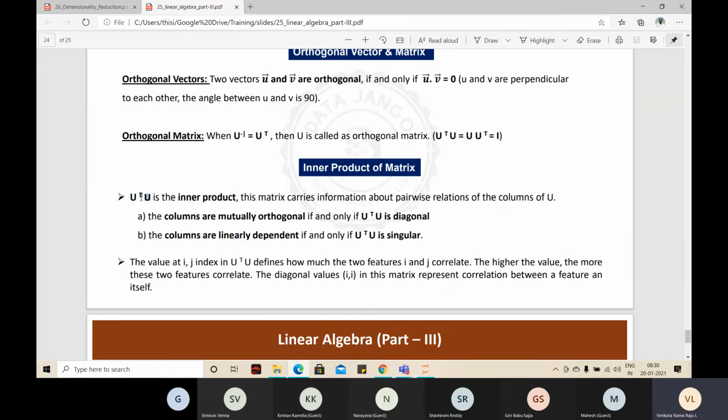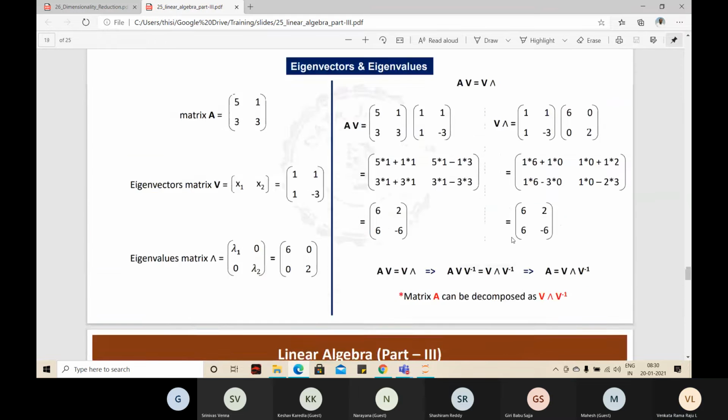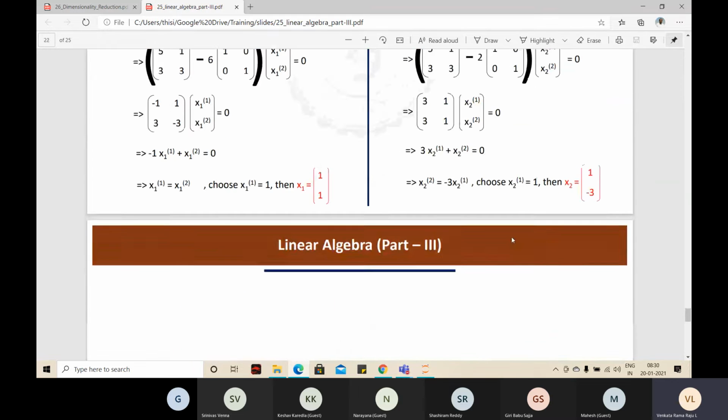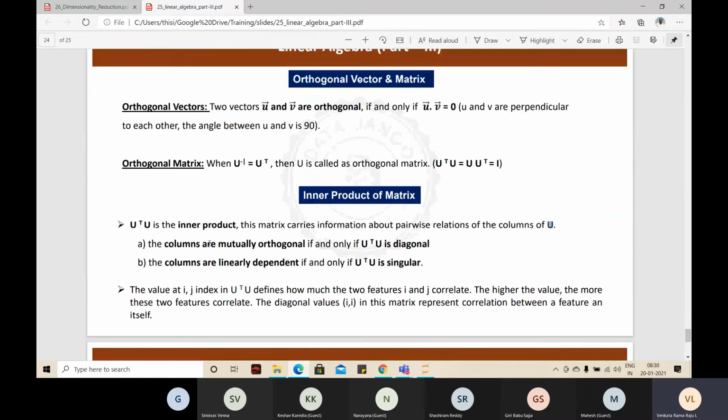U transpose U, pairwise relationship in U, same thing, right? X transpose X, I think down below in another sheet, what is it carrying? Pairwise relationship between columns only, right? So same thing. The columns are mutually orthogonal if and only if U transpose U is diagonal.